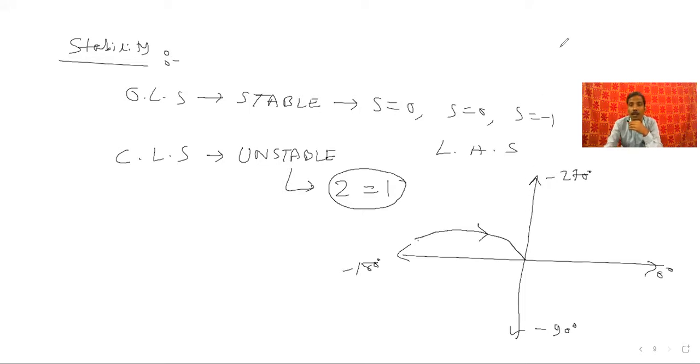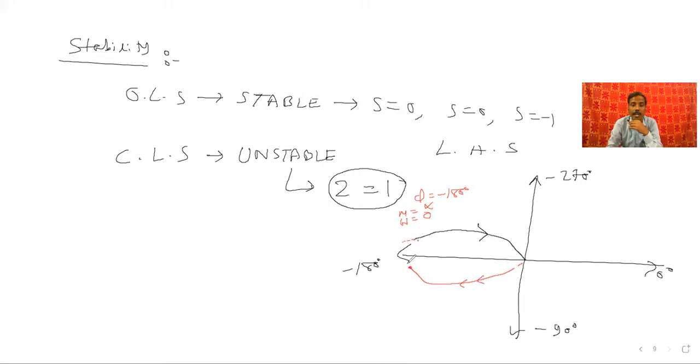This is the polar plot, and this is the Nyquist plot, because omega equals to 0, M equals to infinity, phi equals to minus 180 degree. This is the starting point, then this is the ending point.